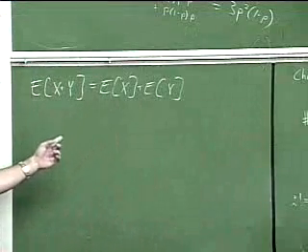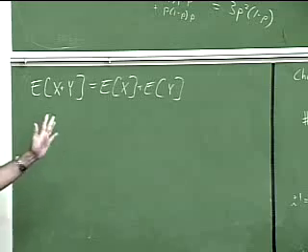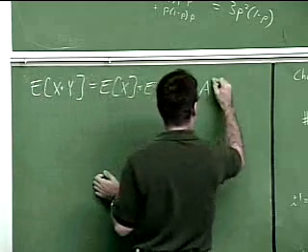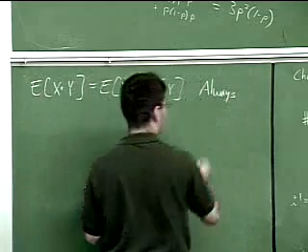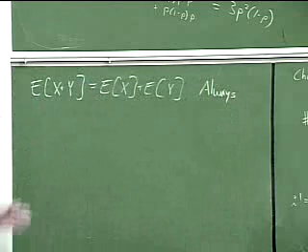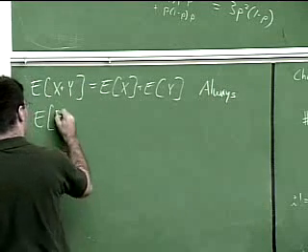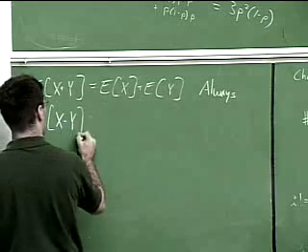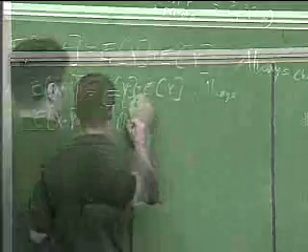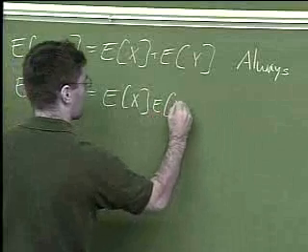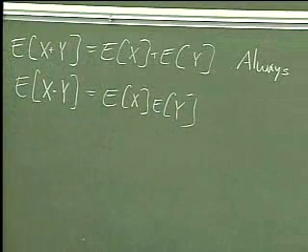Okay, when is this true? Always. All right. When are you going to remember that? Always, all right. What about this? E of x times y. When is that true?